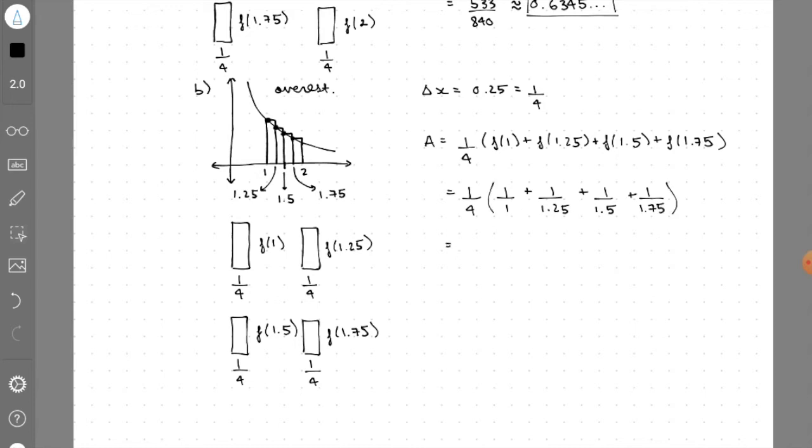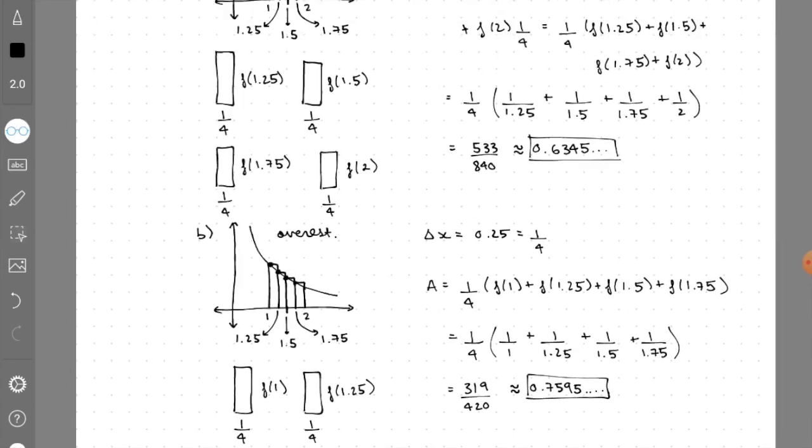If we calculate it in our calculator, we're going to get 319 over 420, which is approximately 0.7595.